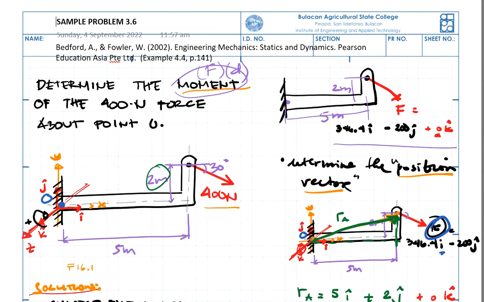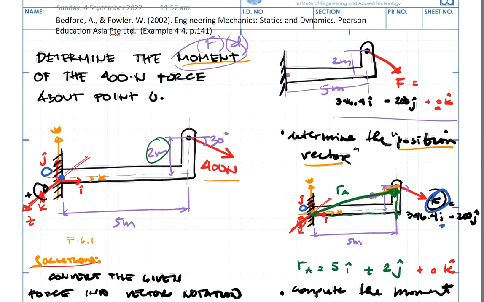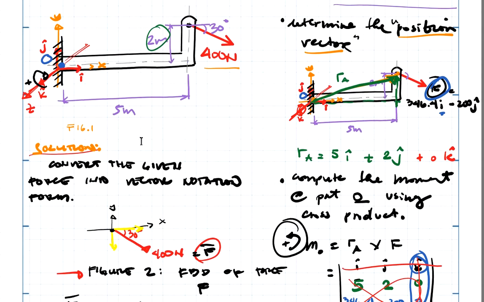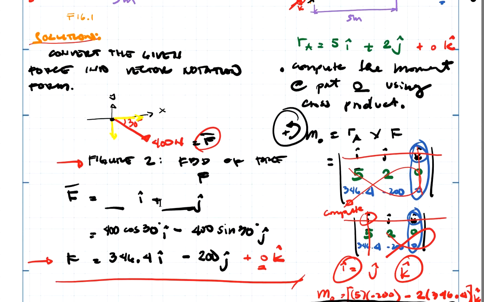Okay, now in summary, let us recall what we have done to determine the moment caused by this 400 Newton force about point O using a vector notation approach. First, we convert the given force into vector notation form. Since we have 400 Newton and this angle here, we can easily find the I and J components of our force.